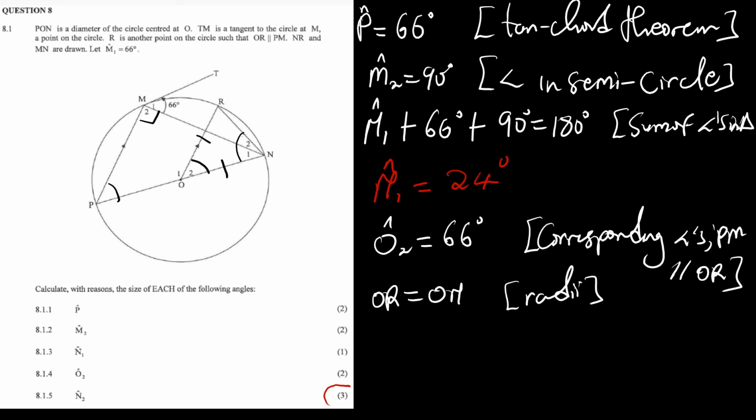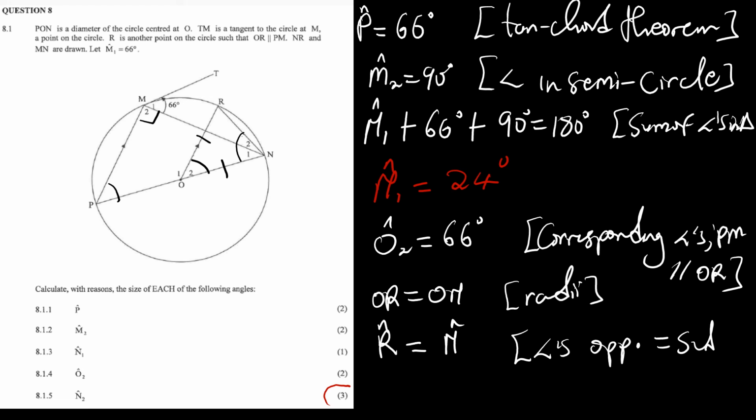So now it means angle R is equal to angle N. I'm talking about angle N as a whole. The reason for this one will be angles opposite equal sides.